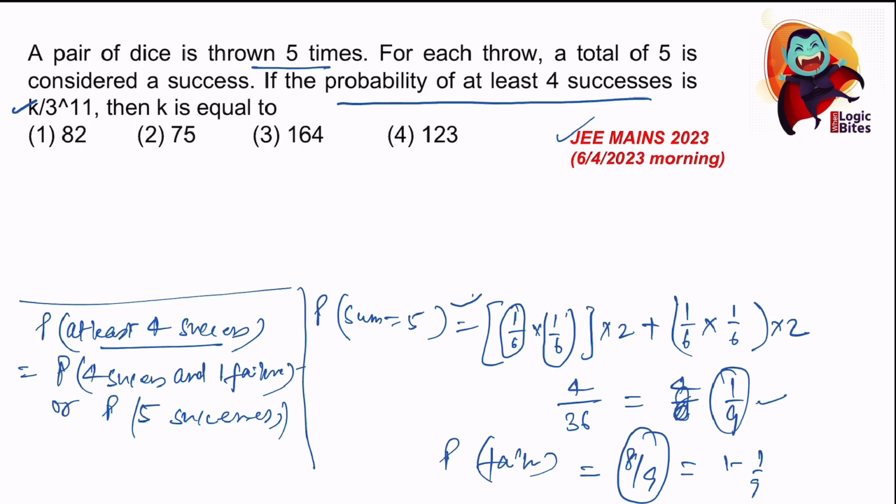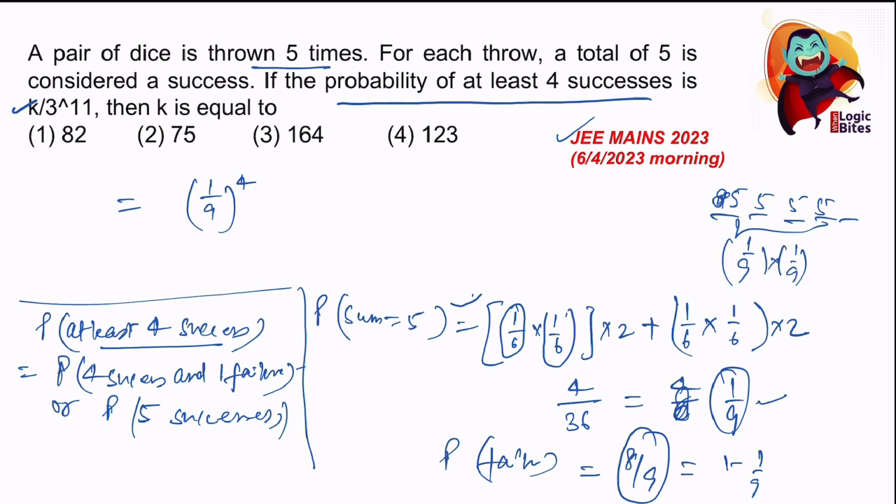So for 4 successes, it means 1 by 9 to the power 4. Why to the power 4? Because we want that 4 times the sum of 5 will come. So 4 times here, here, here, and here, the sum of 5 is coming. So total 1 by 9 to the power 4.